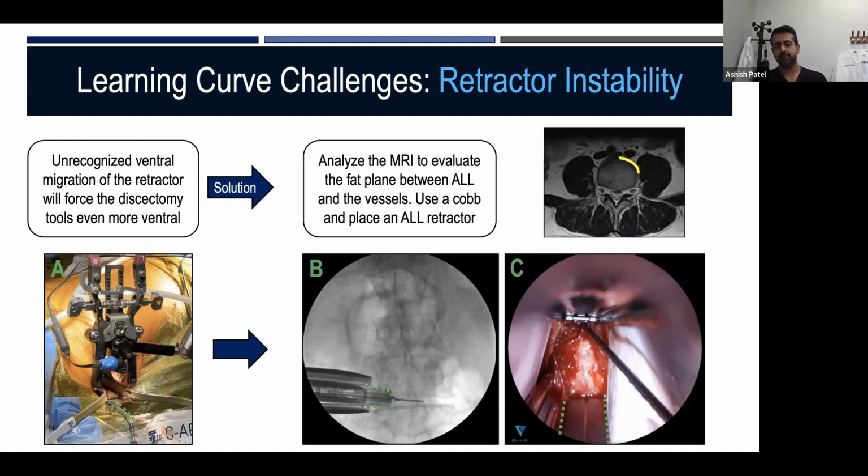What that's allowed us to do is more thorough discectomies. We're releasing the disc space much more widely, which allows nice distraction and nice restoration of lordosis. But most importantly, it tells us where the ALL is and avoids an inadvertent ALL rupture.